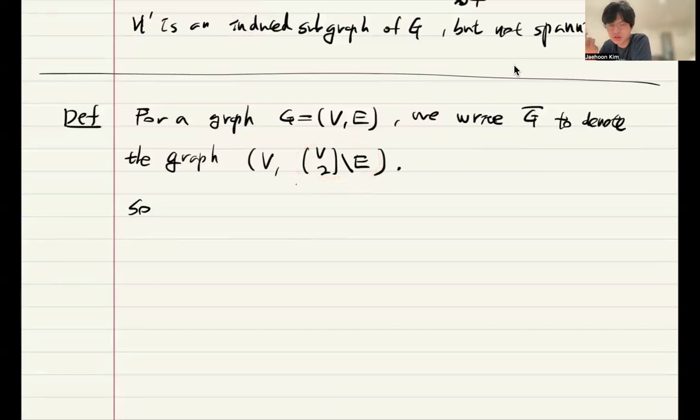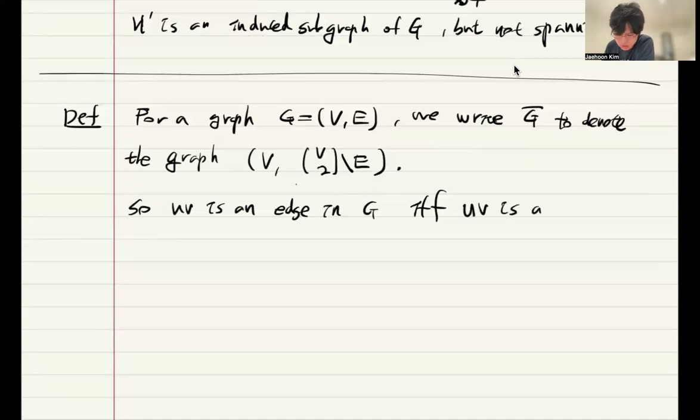All the adjacent pairs become non-adjacent, and non-adjacent pairs become adjacent. So UV is an edge in G if and only if, I write IFF to denote if and only if, UV is a non-edge in G.